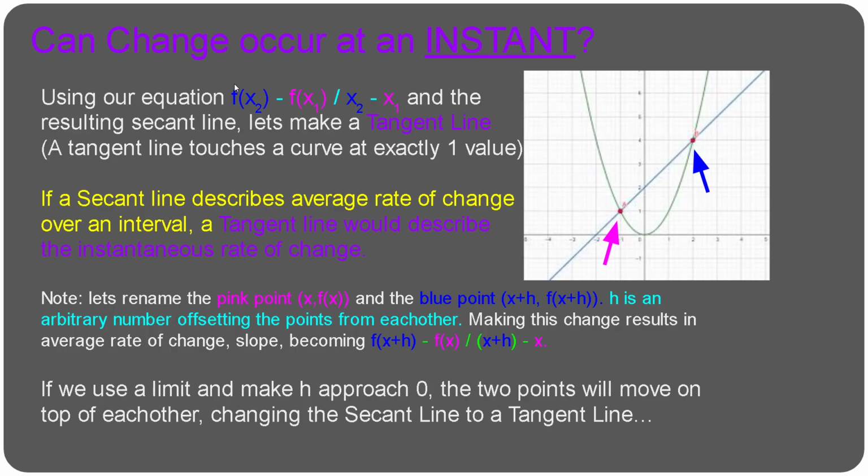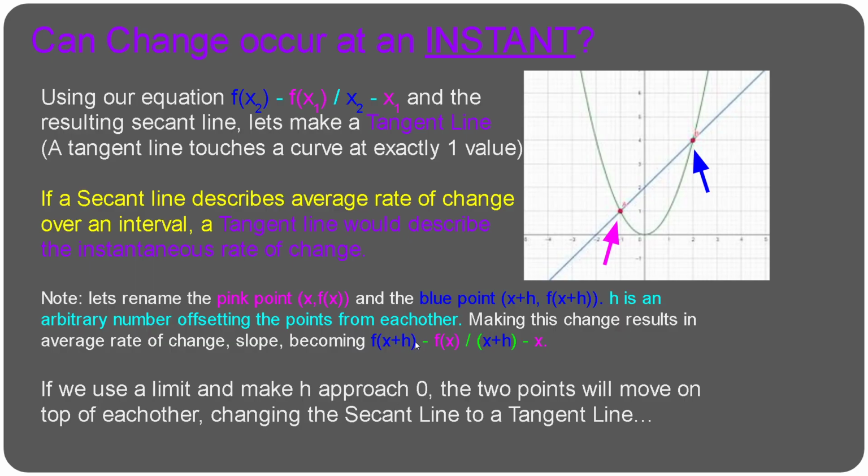This second point, instead of being x2, f of x2, we're going to rename it to have an h inside of it, where h is just an arbitrary number offsetting the points from each other. So our slope equation becomes f of x plus h minus f of x divided by x plus h minus x. And then as we've gone over, we can use a limit and have that limit approach 0.